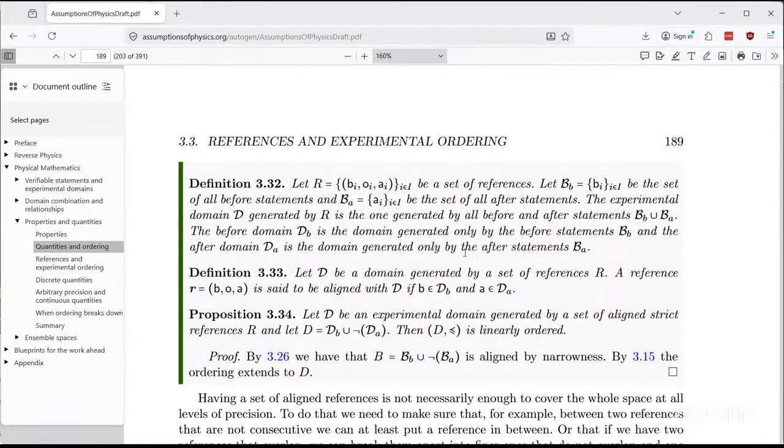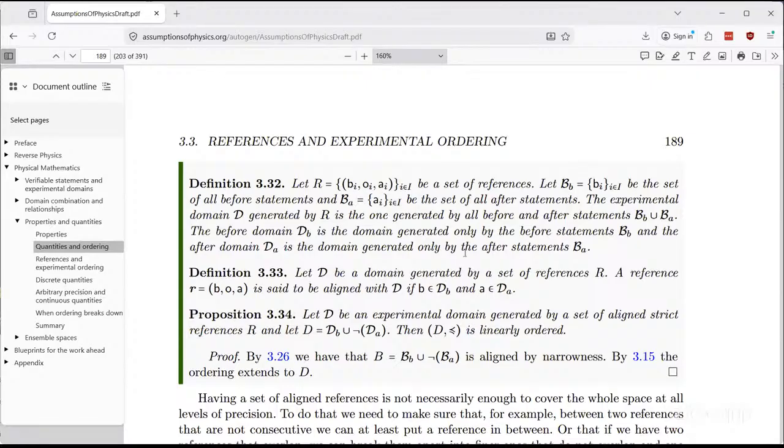Definition 3.32. Let R be a set of before, on, and after relations. So it's a set of references. Let B_V be the set of all before statements, and V_A be the set of all after statements.